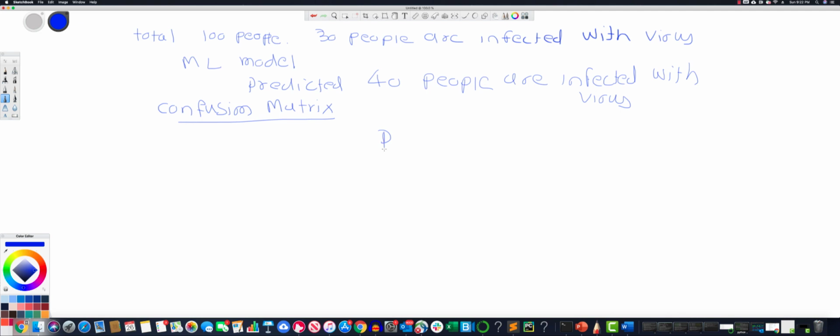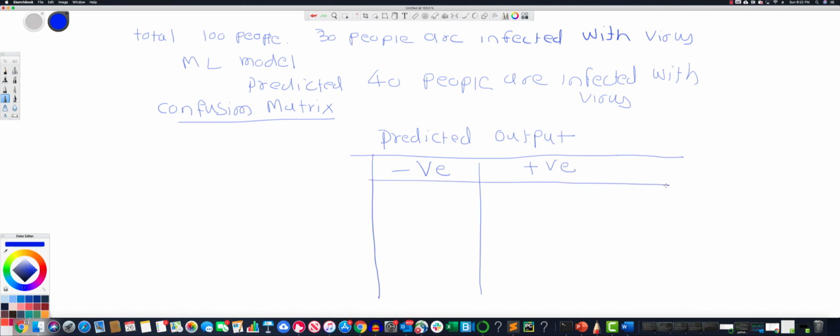Here is where we have the predicted output, in two classes: negative, where the people predicted are not infected with the virus, and positive, where people are infected with the virus.